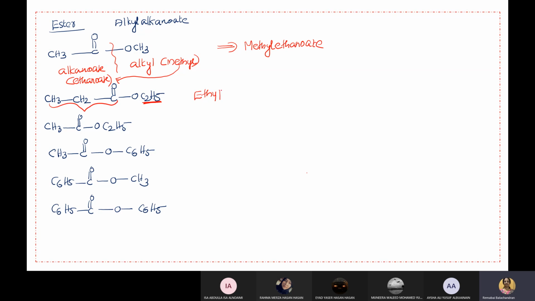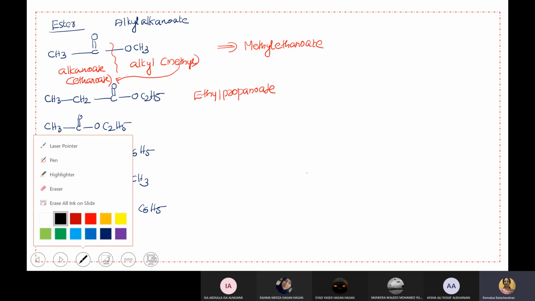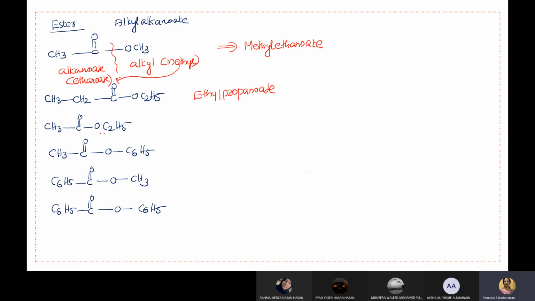This part has 3 carbon atoms, so it's propanoate. Okay, next one. Ethyl ethanoate. Yes, both of them have 2 carbon atoms, right? Here 2, here 2. So it's ethyl ethanoate.